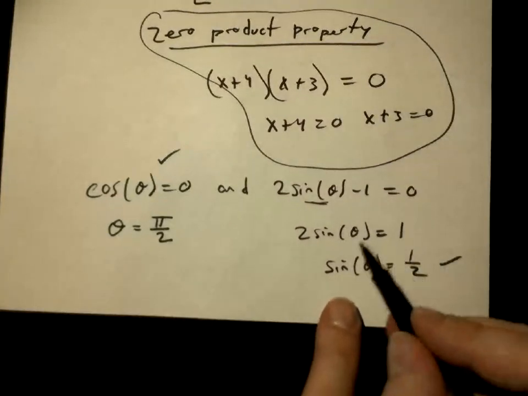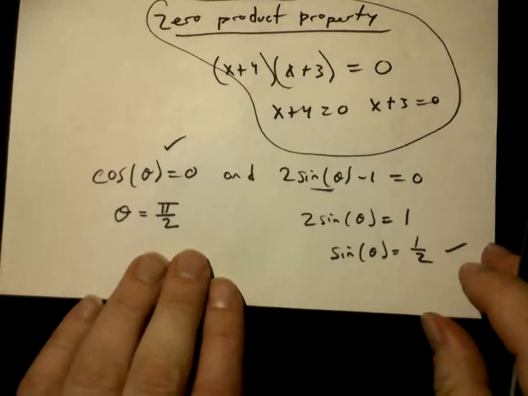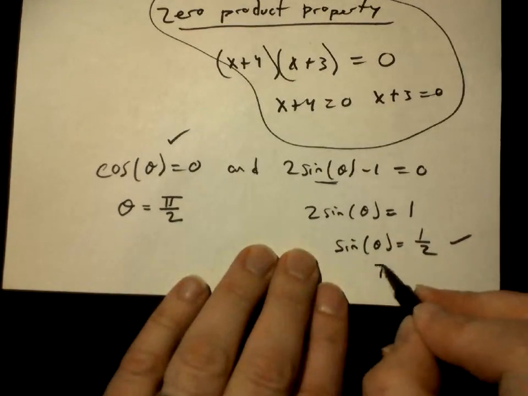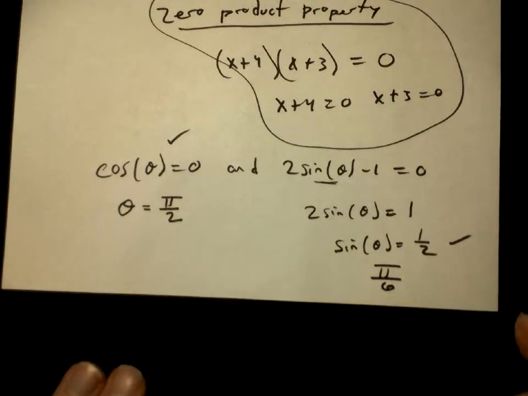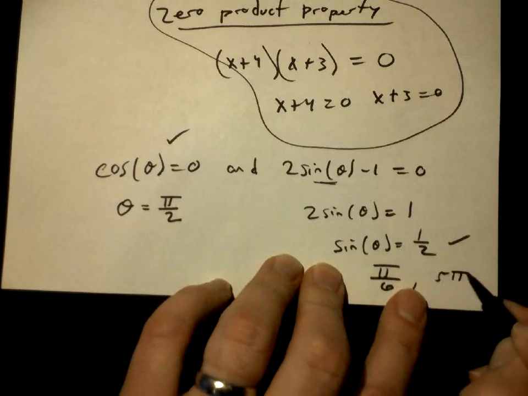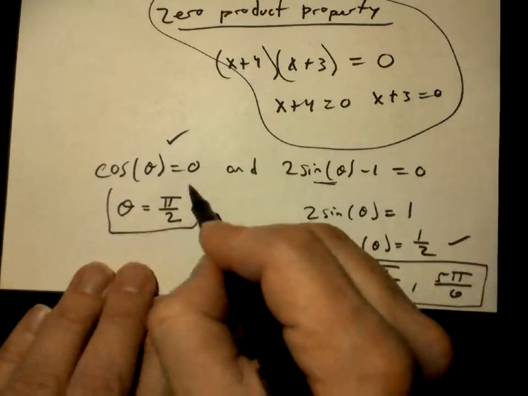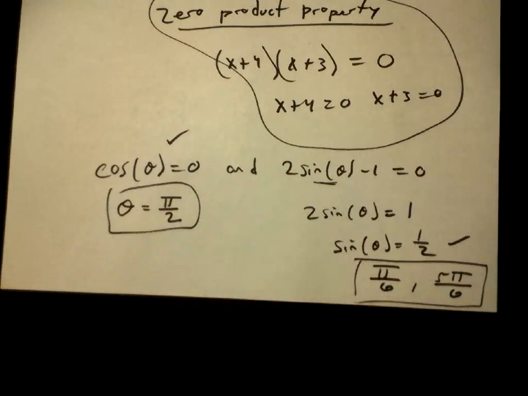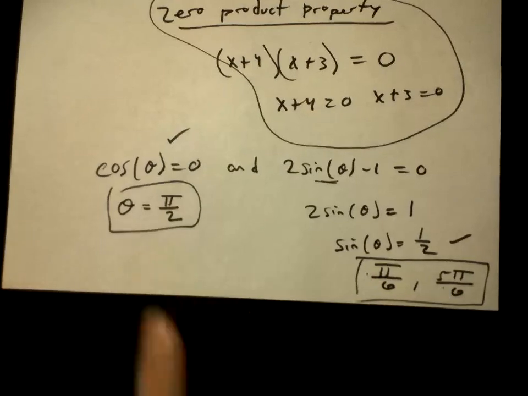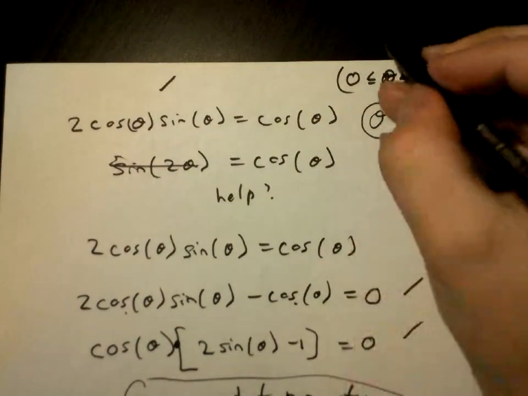Where is 1/2 of sine going to be? Well, I do believe that's pi over 6. And I do believe there is another one, 5 pi over 6. So you got 2 answers to this one, and this one, you got that. So you have a total of 3 answers. 1, 2, 3. And that was given this restriction. This should be theta.